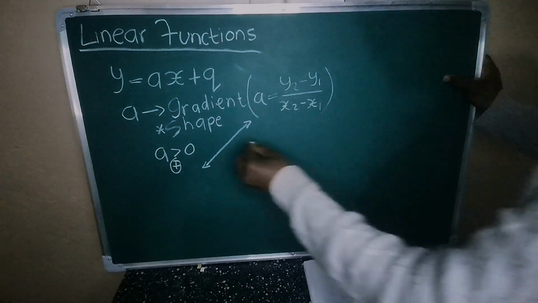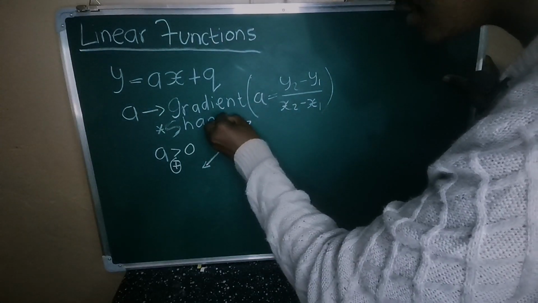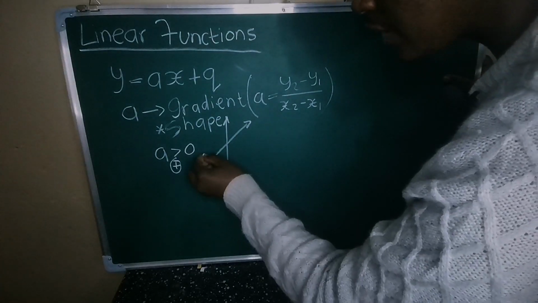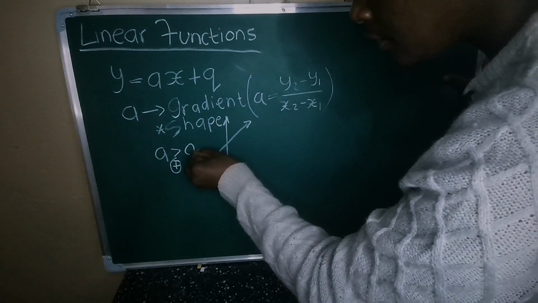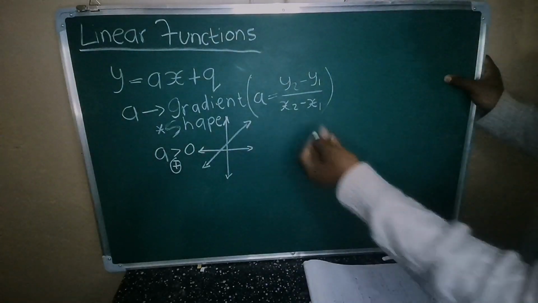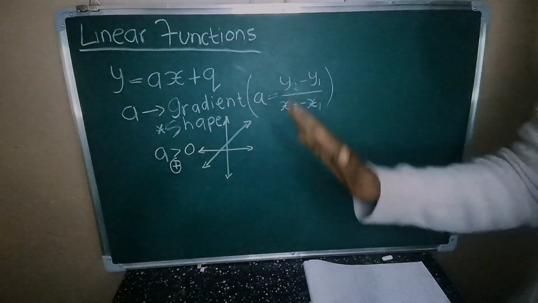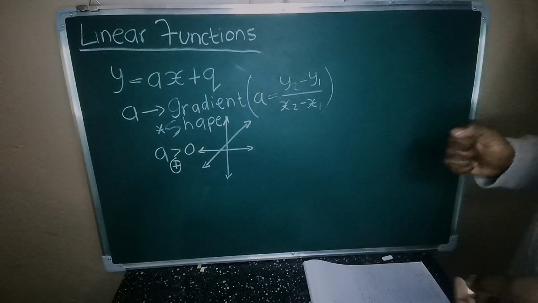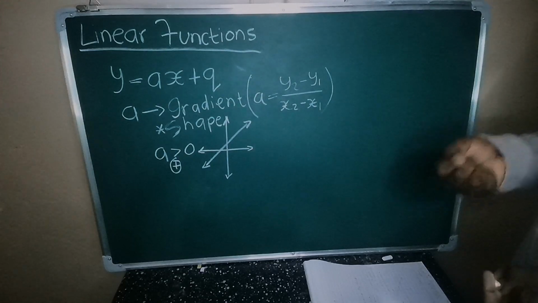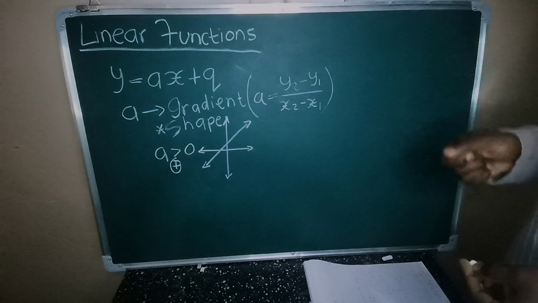Our graph can look like this if the value of a is bigger than 0. So it's very important to understand the shape of the graph when our value of a is positive.